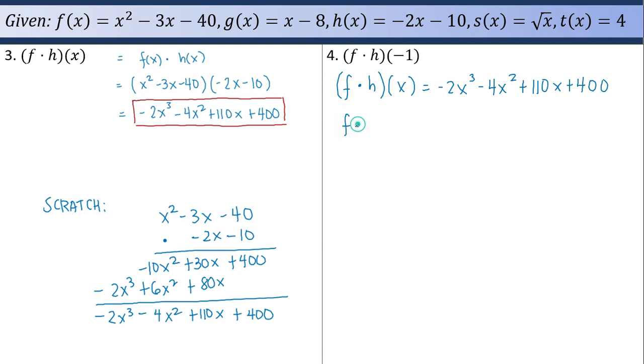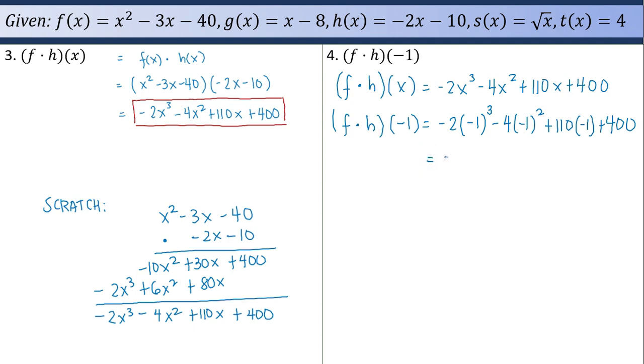So, papalitan lang natin ang ating mga x ng negative 1. So, we have negative 2 times negative 1 cubed minus 4 times negative 1 squared plus 110 times negative 1 plus 400. Do you follow?